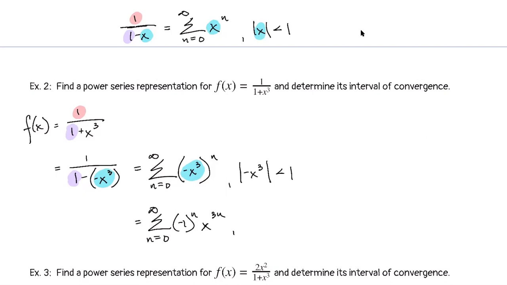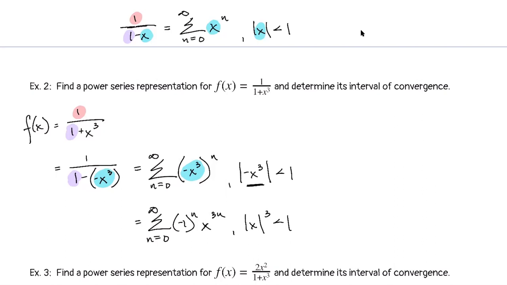And we can also say here that if negative x cubed, if I want the absolute value of that, I really only have the absolute value of x, and I'm going to cube it, and that has to be less than 1, okay? But I want to isolate the absolute value, so I have to take the cube root of both sides.